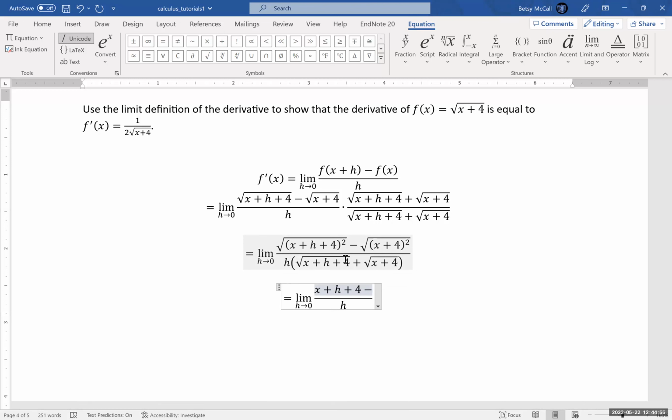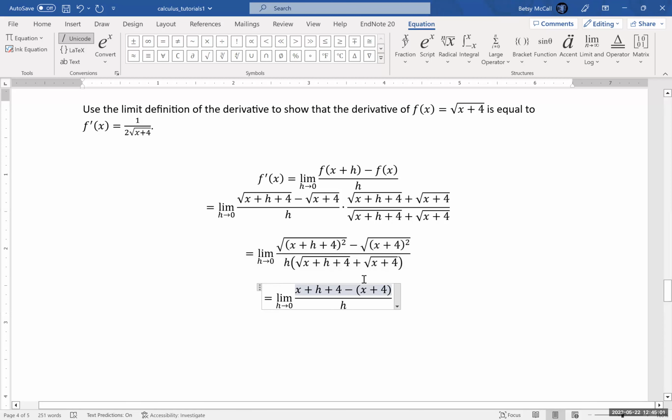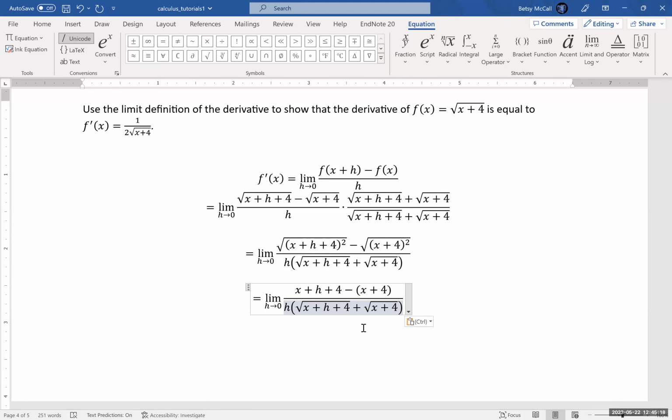And then the square and my square root cancel, and I have x plus 4. Now it's important to be very careful here because the negative sign goes with both the x and the x plus 4. It's very easy to just cancel the square roots and just write minus x plus 4 without the parentheses, and then it won't cancel the way it needs to.